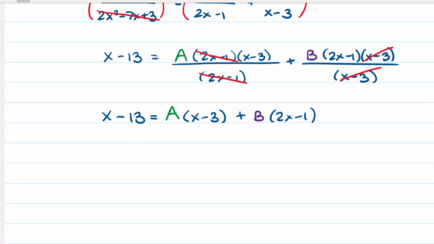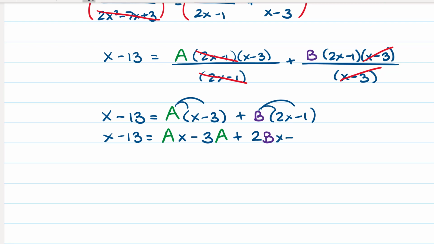Okay, now what I'm going to go ahead and do is I'm going to distribute the a and distribute the b. So I get x minus 13 is equal to ax minus 3a plus 2bx minus b. Okay, so all I've done is create a linear equation right there.